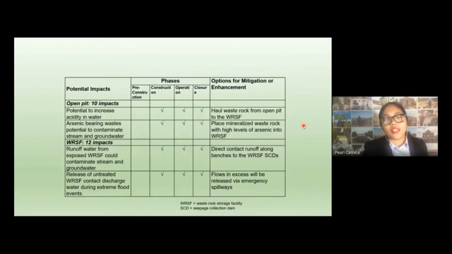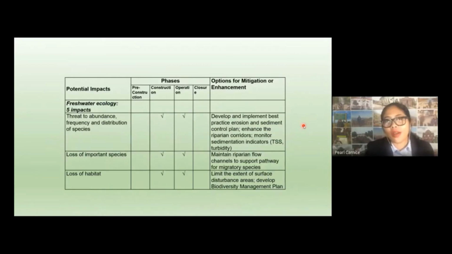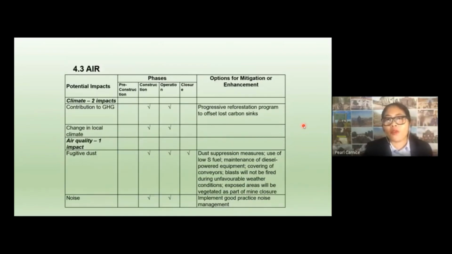They also identified 10 impacts with the open pit, since the type of mining that they will be doing is open pit. They also have freshwater ecology, in which they identify 5 impacts. With climate, they identified 2 impacts with a corresponding mitigation and enhancement. Of course, the air quality, which covers fugitive dust and noise when they do their operation.